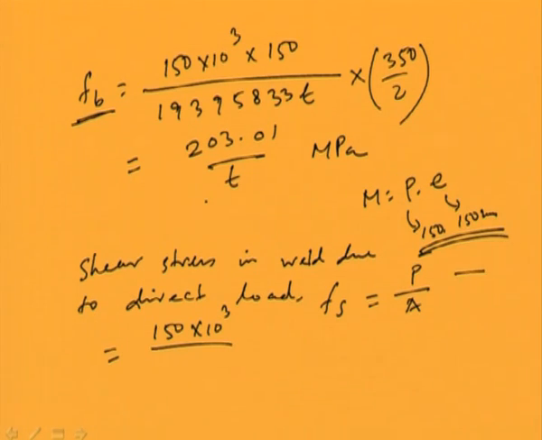Area means the total area of the welding portion, that means area of this, then area of this.